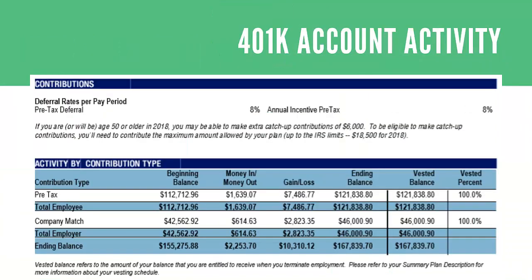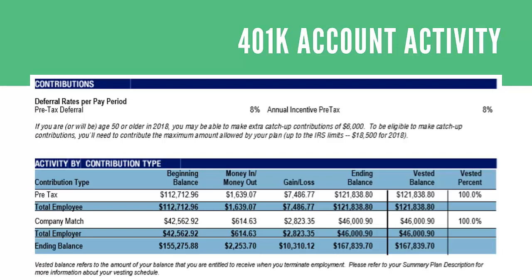The first one is 401k account activity. You may see on your statement a section similar to this that covers the activity for the current period, whether it's monthly, quarterly, however you receive your statement. This section will include your activity by contribution type, and it may detail how much of your pay is going into your 401k, and the maximum contribution you're allowed to put in for the year.